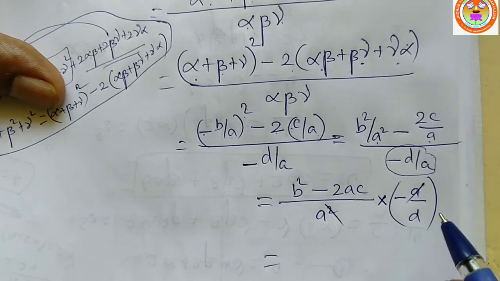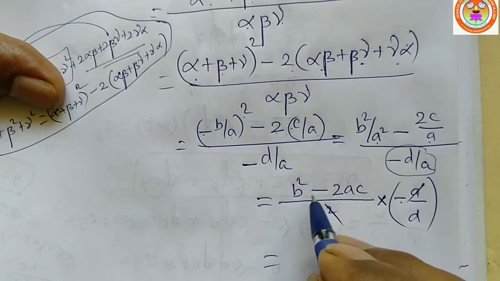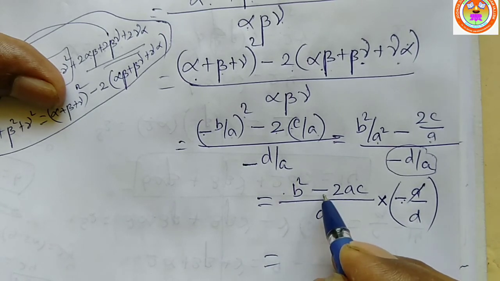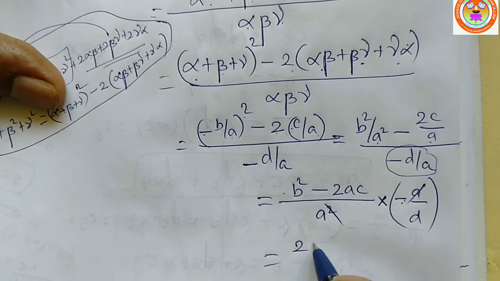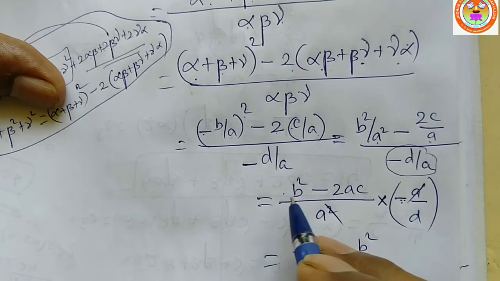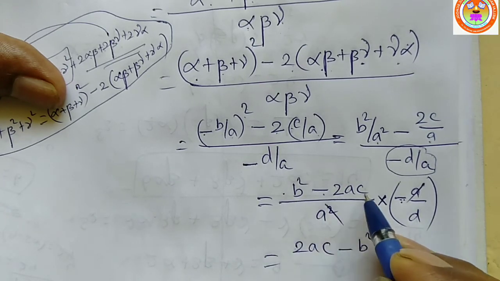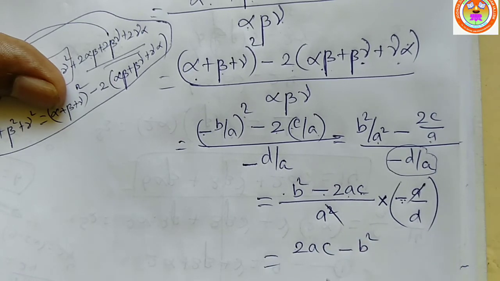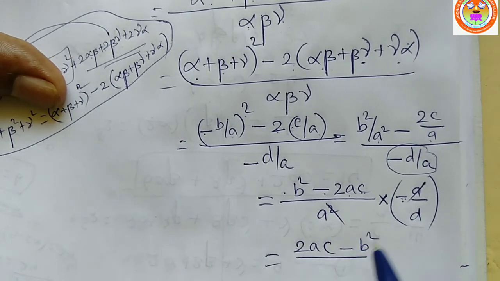If you are taking this a here, this minus here, it will become minus, this one will become plus. That is 2ac minus b square, minus b square plus 2ac, that is 2ac is written first, then 2ac minus b square divided by a into d.